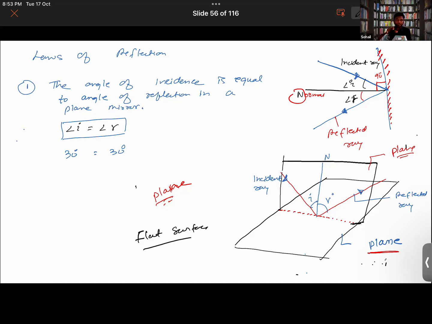Now try to imagine that the incident ray is falling over it. There is an incident ray over it, coming from this direction, then getting reflected in this direction, and then you draw the normal line between the incident and the reflected ray.